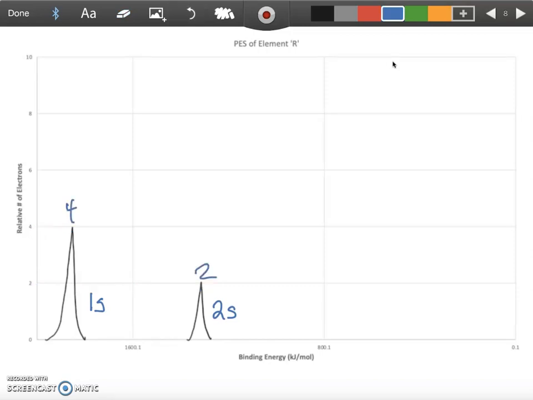Okay, now it makes sense for the 2s to be 2, but it does not make sense for the 1s to be at 4, because again, the s sublevel can only hold a maximum of 2 electrons.